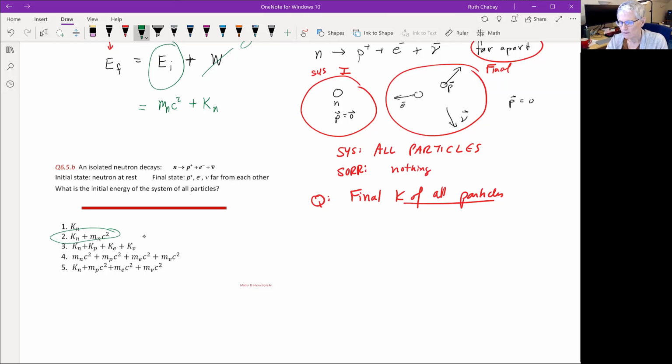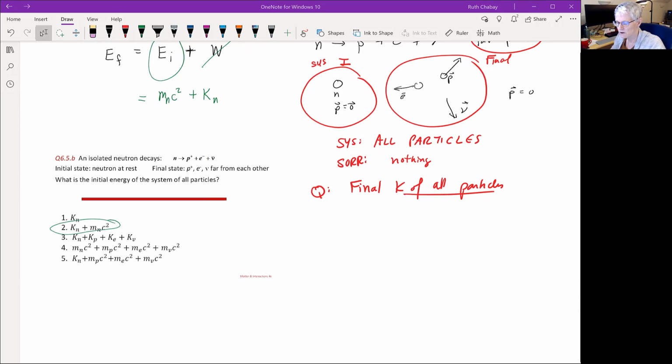If you said 1, then you're thinking only of kinetic energy. In this case, it's really important to include rest energy, because this thing's going to change identity and some of its rest energy is going to be transformed into kinetic energy. So that's not enough.